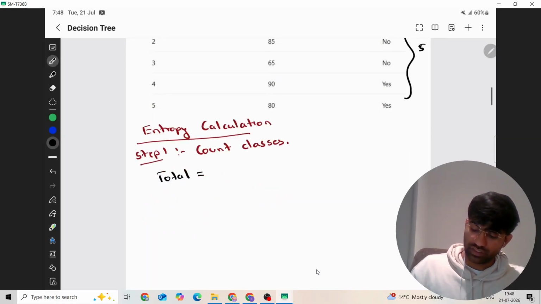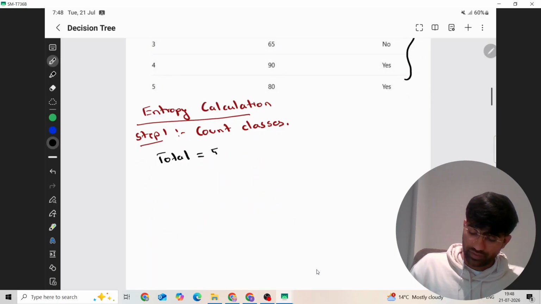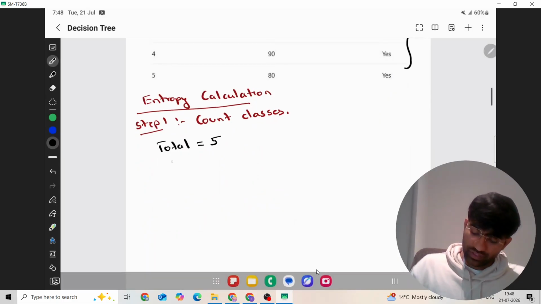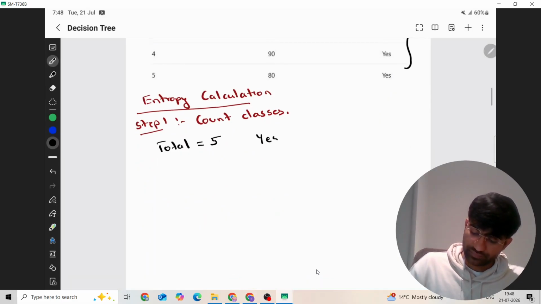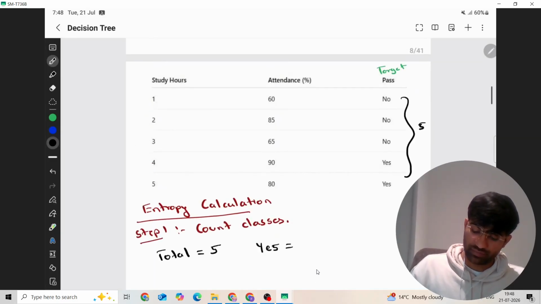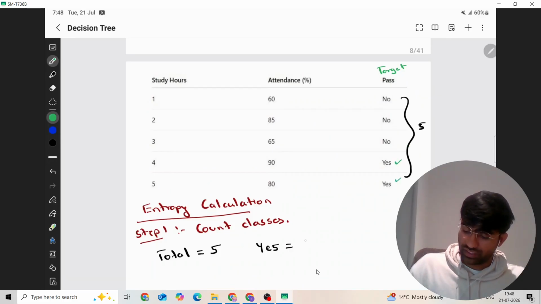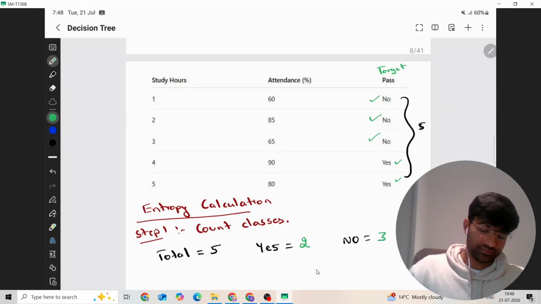So our total will be 5. And how many of them are yes? 1 and 2. So we have 2 yes. And how many of them are no? We have 3 no's, 1, 2 and 3. So no is 3.